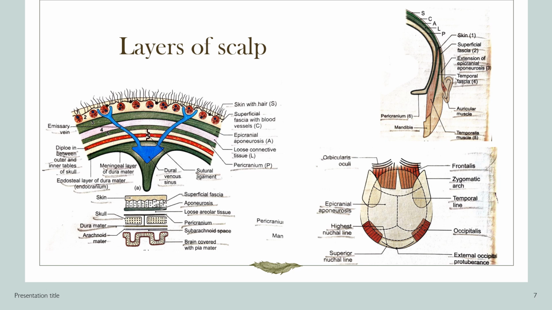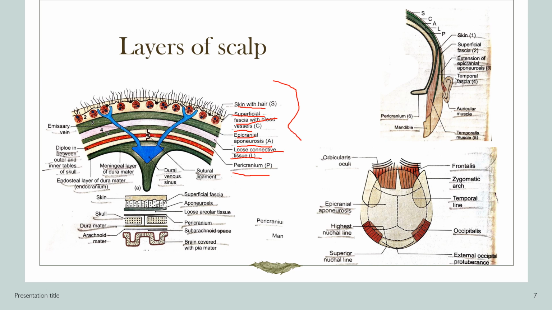The first one shows skin with hair, then superficial fascia with blood vessels, then comes the third layer, the epicranial aponeurosis, then the fourth layer, the loose areolar connective tissue layer, and the last, fifth layer is the pericranium. So here are the layers of the scalp.